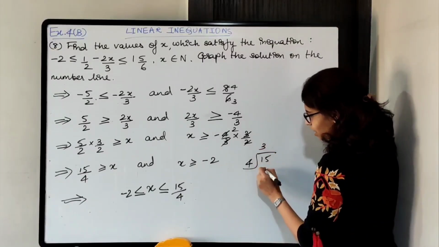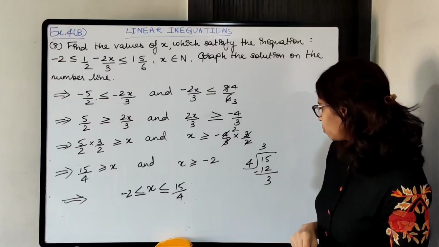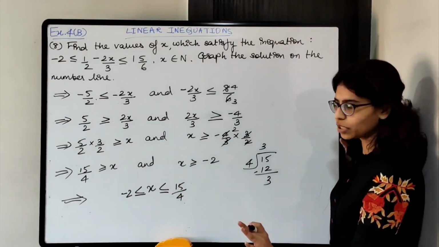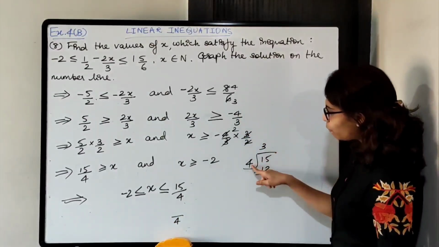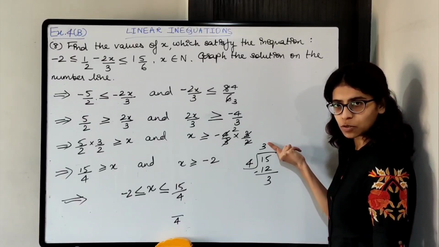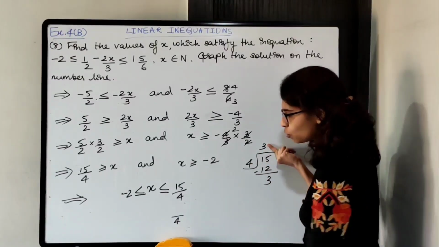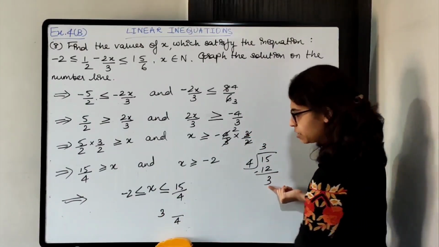4 3s are 12 and 3 remains. Okay, so over here 4 as it is रहेगा. Okay, denominator as it is रहेगा. So 4 as it is. 4 into 3. Okay, so this is the divisor into quotient. So quotient यहाँ पे side में आएगा and remainder will come in numerator.